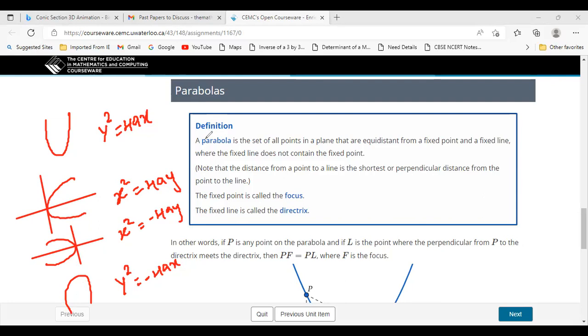Yes, you have four types of parabola. One is open upward, the other is open downward, and here this is open rightward, and here you have open leftward. These are the corresponding equations, like y squared equals 4ax.